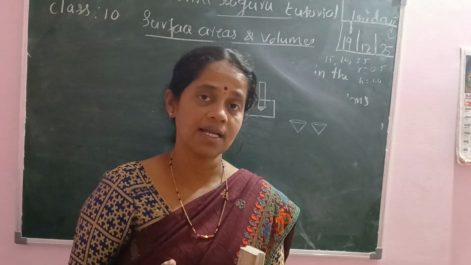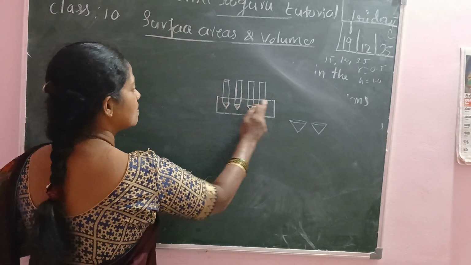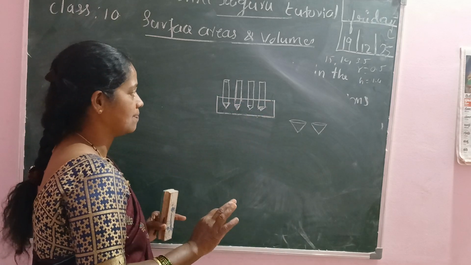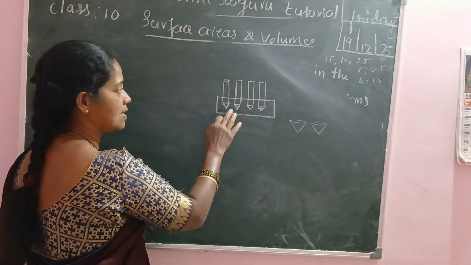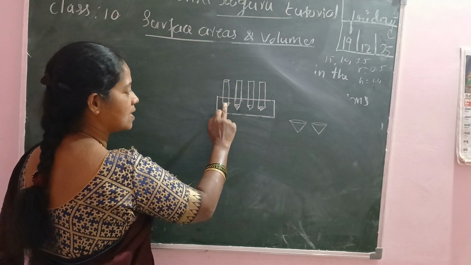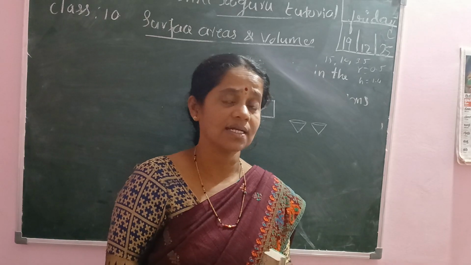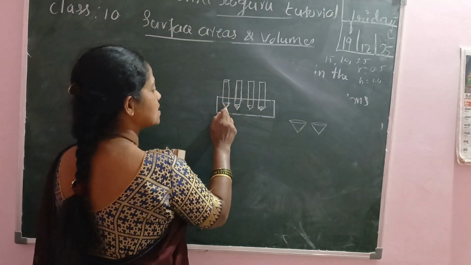So we should calculate the volume of the wood. The volume of this cuboidal shaped wood is the volume of the wood minus the volume of the four depressions. We have to subtract the volume of this depression part.